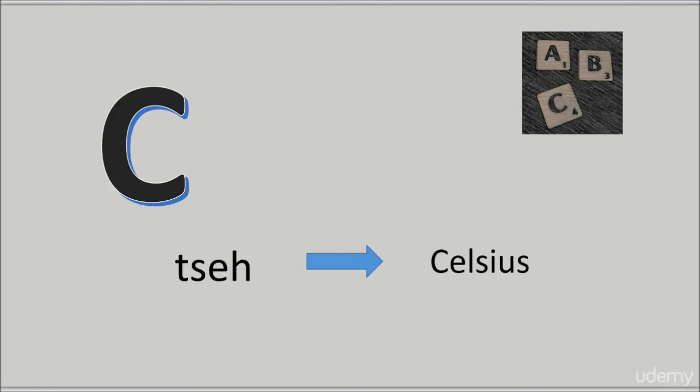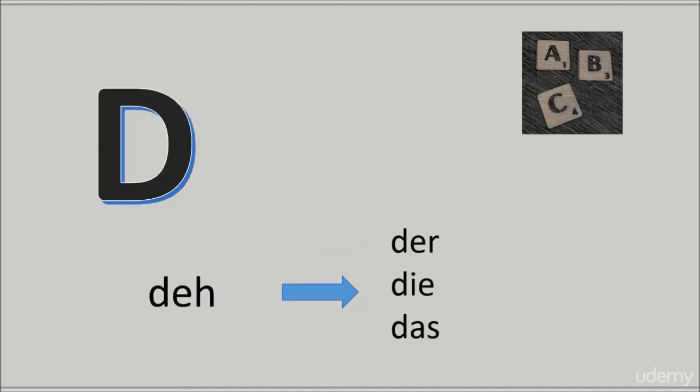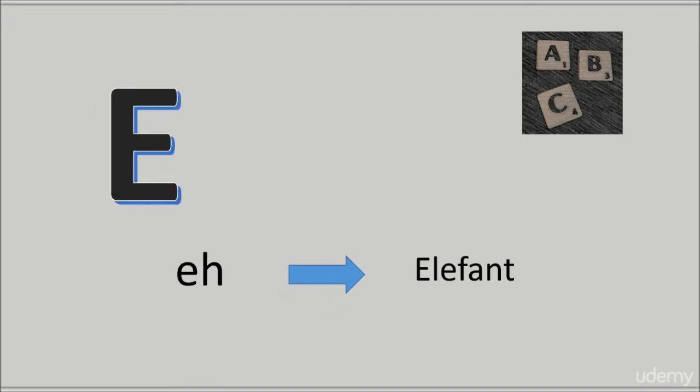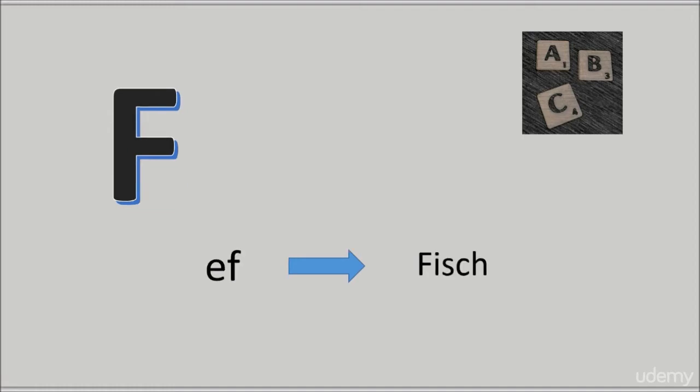C, Celsius, begins with C. D, of course, der, die, das, begin with D. E, the elephant. F, fish, begins with F.